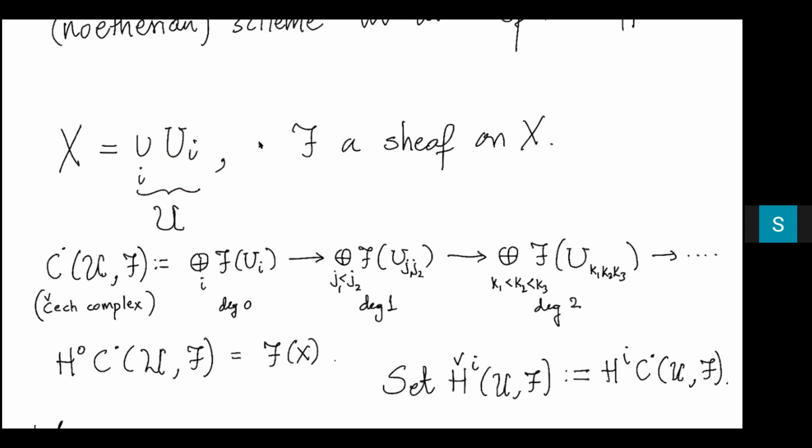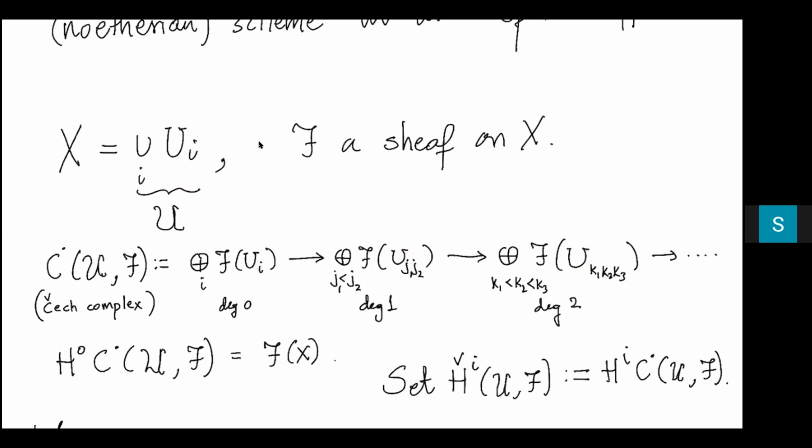So look at F of U_j1 intersect U_j2, where j1 less than j2, so that you're indexing all the intersections and looking at F over the intersections. And then you have these triple intersections, U_k1 intersect U_k2 intersect U_k3, and so on and so forth.